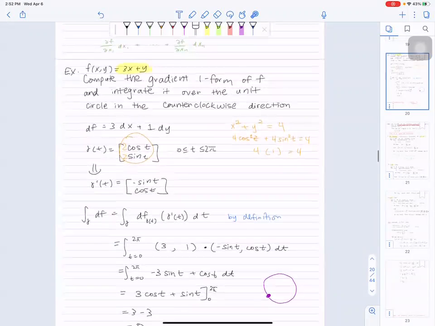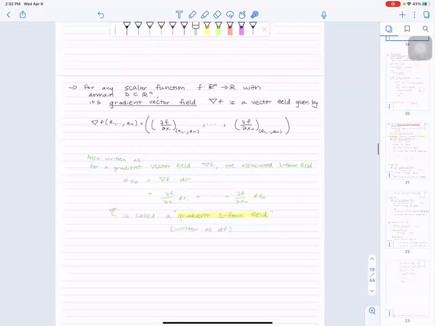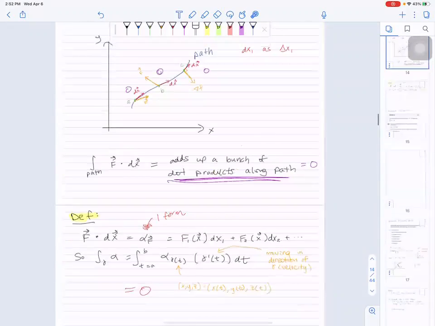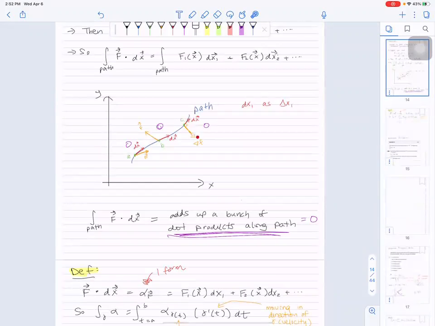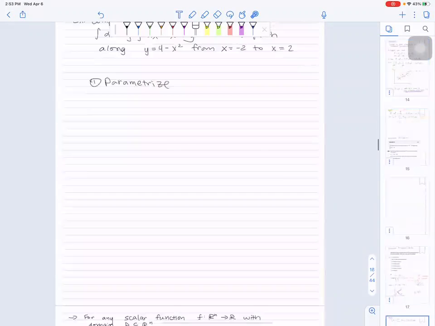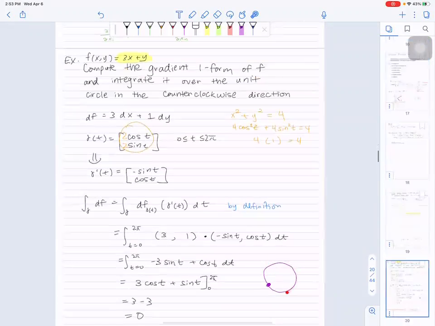When we were doing the integral of the one form above, we were doing all those dot products, and it turns out they're all the gradient itself, and the path starts and ends at the same point, so the dot products add up to 0.